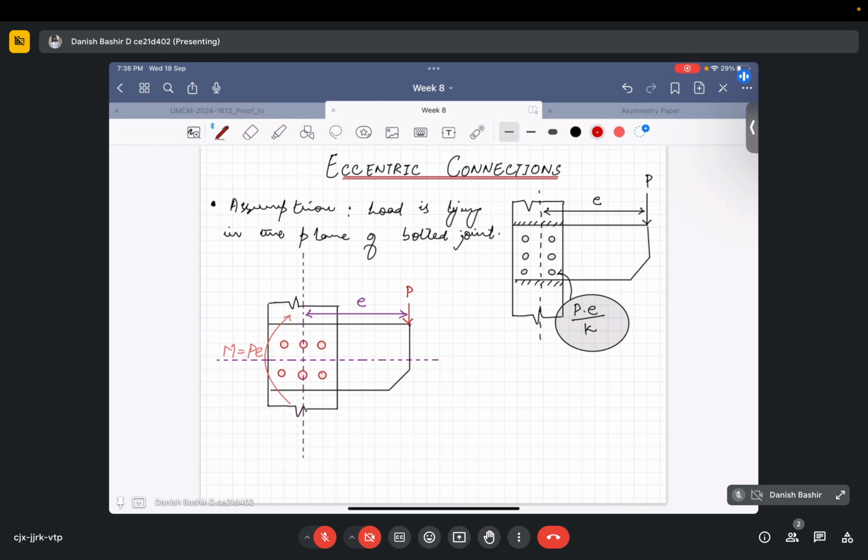I am writing here for your convenience that P is the direct load, and PE is the bending moment.